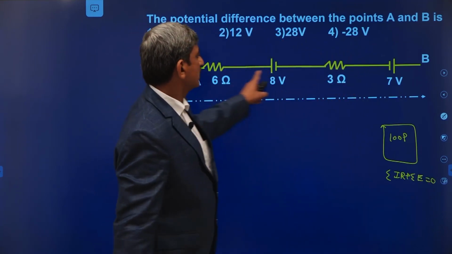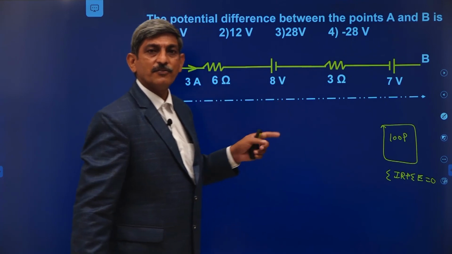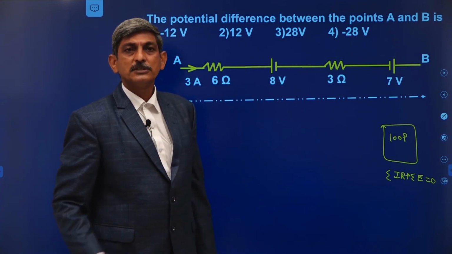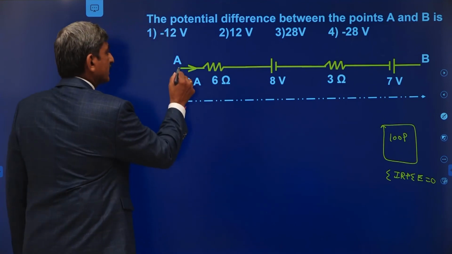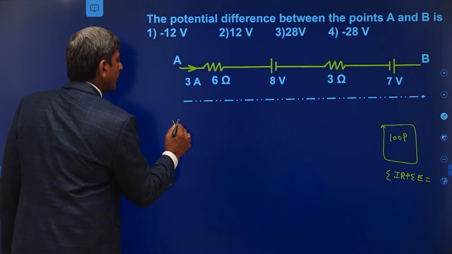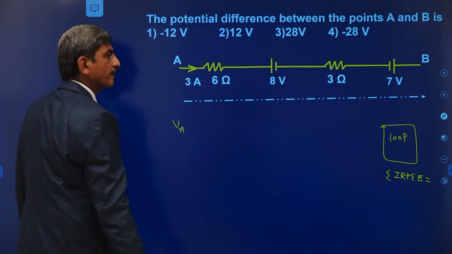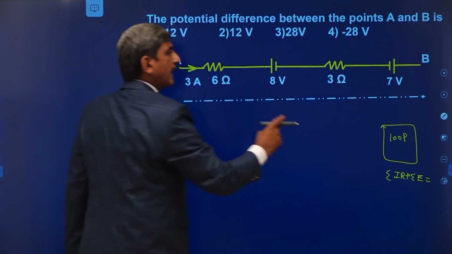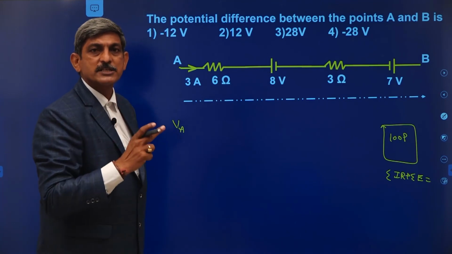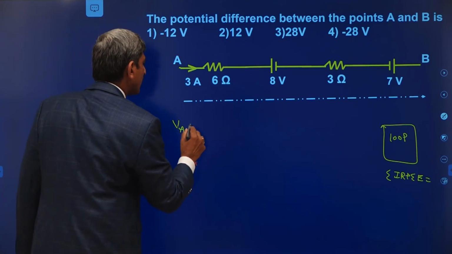But if suppose there is a path like this where there is no closed loop, what we have to do? In that case, let us start at a point where the potential is say VA and move from point A to the point B by taking the algebraic sum of the voltage drops and EMFs.